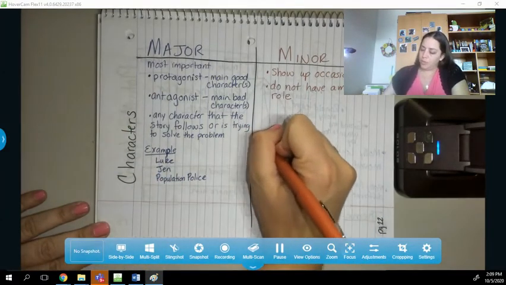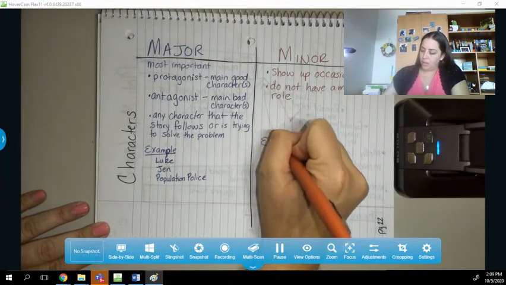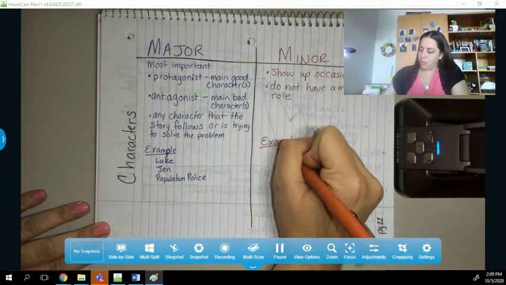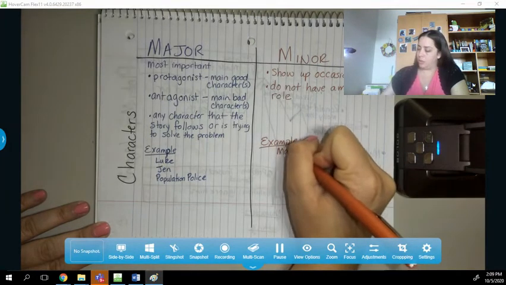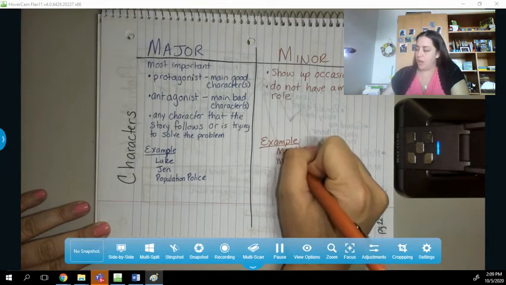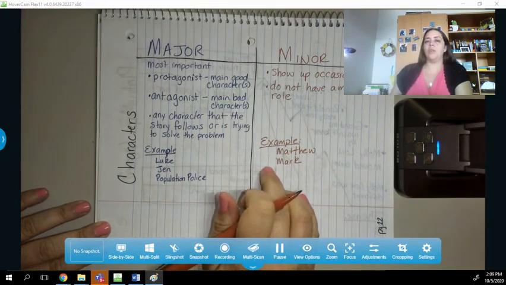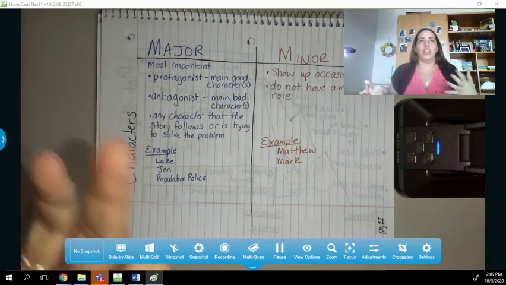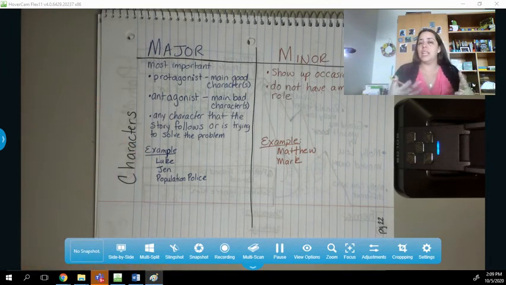And our example from Among the Hidden would be Matthew. I'm going to spell that with 2 T's. Matthew and Mark. Matthew and Mark are both really short-lived characters. I mean, we only see them occasionally when they come in to play with Luke, or Luke is looking down on the truck going by with the pigs in it, and he sees Matthew and Mark sitting in the truck with the hogs.